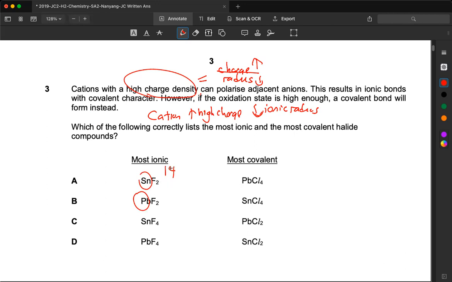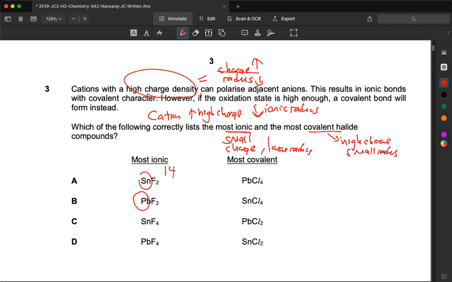For the ionic compound, they are comparing within group 14. Tin and lead are in the same group, group 14. So we look out for the cation with a smaller 2+ charge. Obviously, the most ionic one will be the one that has a small charge and a large radius, whereas the most covalent one will have a high charge and small radius.